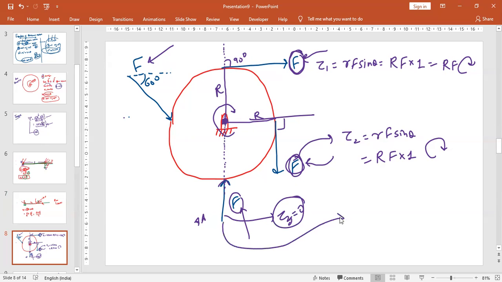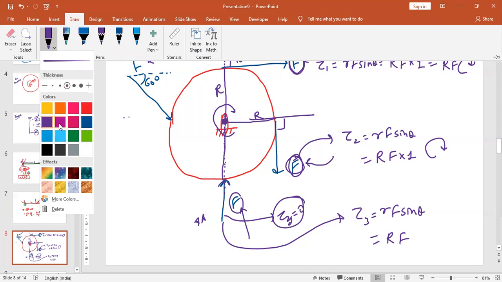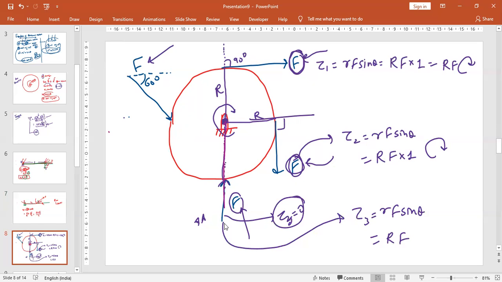Or from formula, if you want to understand this, then from formula we can also calculate. So formula is RF sine theta. Same, the force is being applied at distance R from center. The force is F, and what will be the angle theta? So if you will extend this line, this line and force is in this direction. So the angle is 180 degree and sine 180 is 0. So torque will be 0.